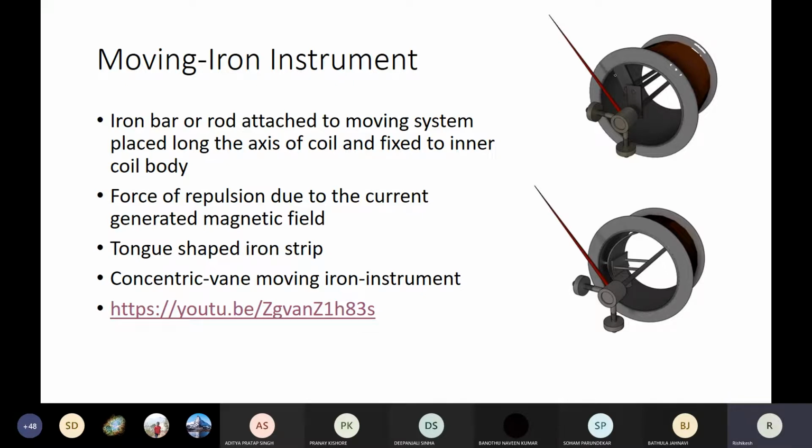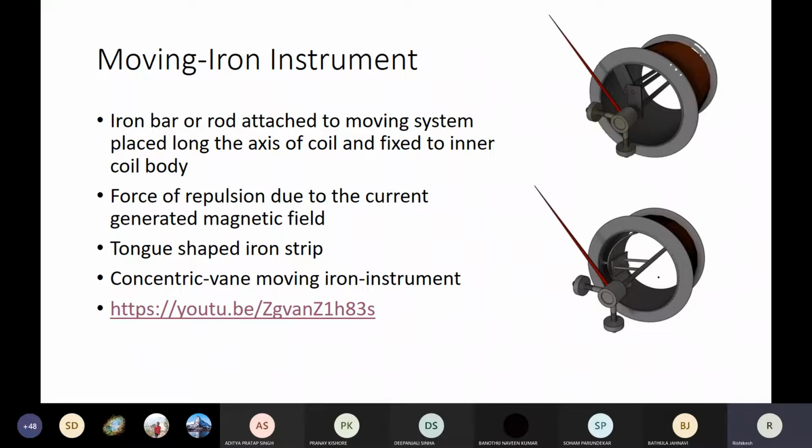Now, apart from the iron bars or rods, you have tongue shaped iron strips. The construction is almost similar, just that instead of the rectangular iron bar, you have these tongue shaped iron strips. The larger one is fixed to the coil in the inside part of the coil, but the smaller tongue shaped strip is attached to the axis on which the pointer is mounted.